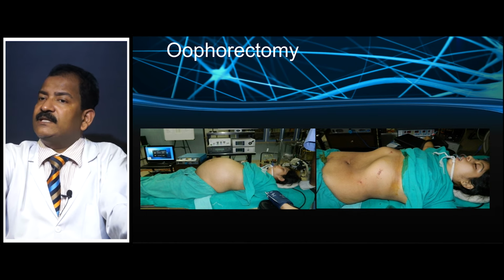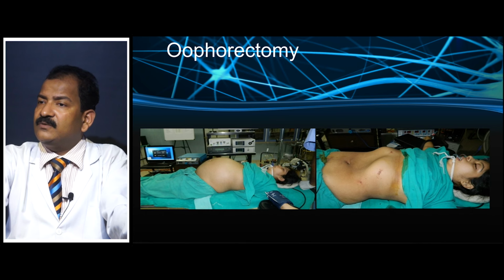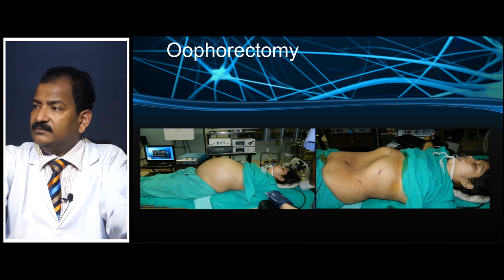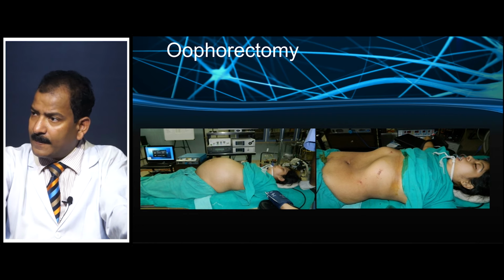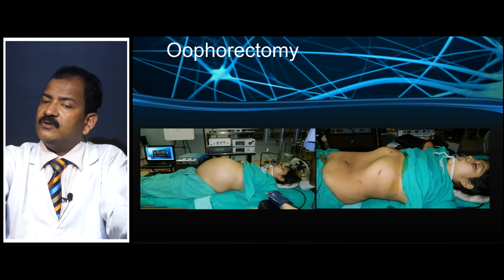You can retrieve it through the abdominal wall, but for that you have to enlarge the incision, because that much huge cyst cannot be taken into the endo bag. You have to enlarge the incision a little bit. Pardon? In case of big cysts, if we cut it into small parts. You want to morcellate.